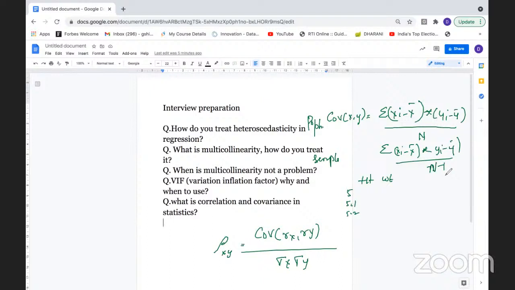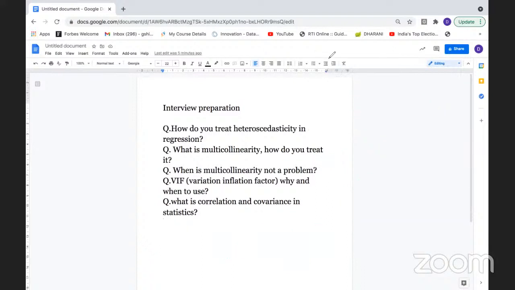So that is correlation and covariance. Now what is the correlation coefficient, which is represented by small r? It is a measure, and let me write it down.